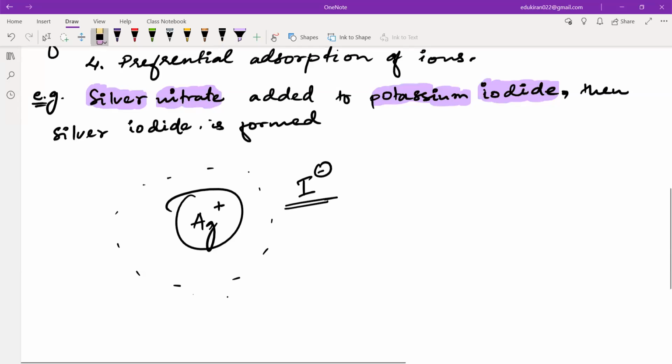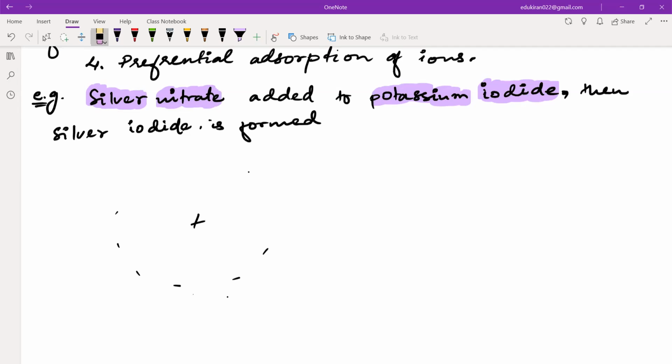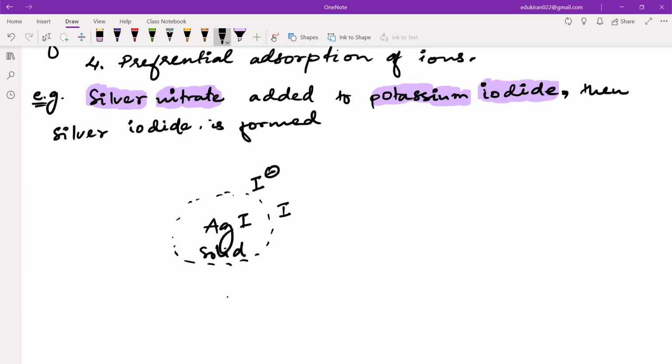So what you can think is that there will be many I negative which will come and stick to Ag like this. So we have AgI, right? There will be many silver iodide, and this will be completely solid. But still there will be some I negative near the silver iodide particles.